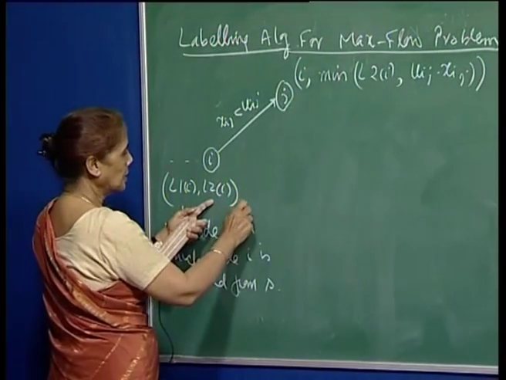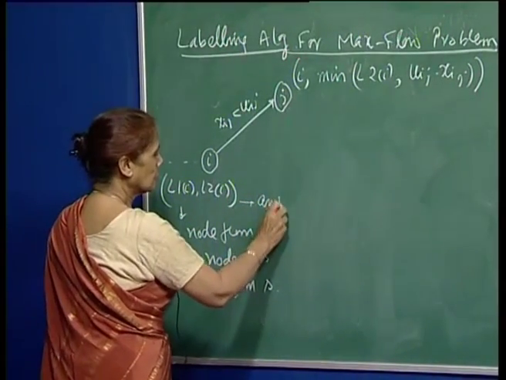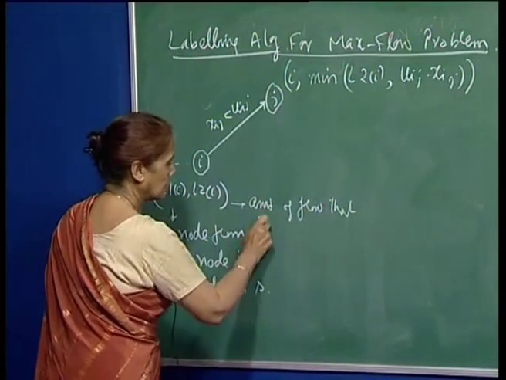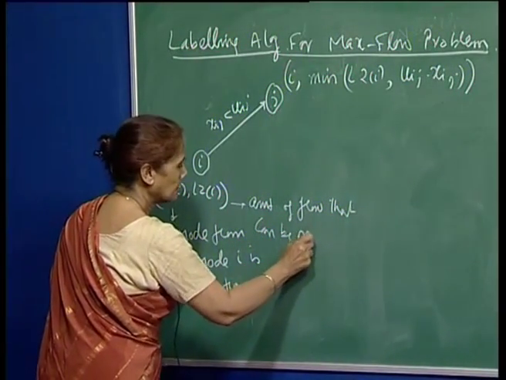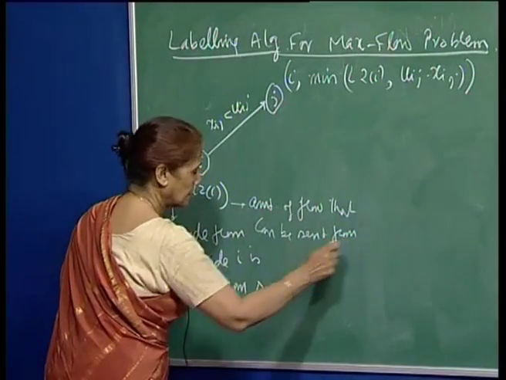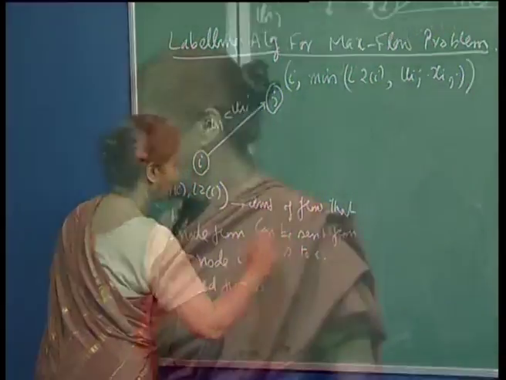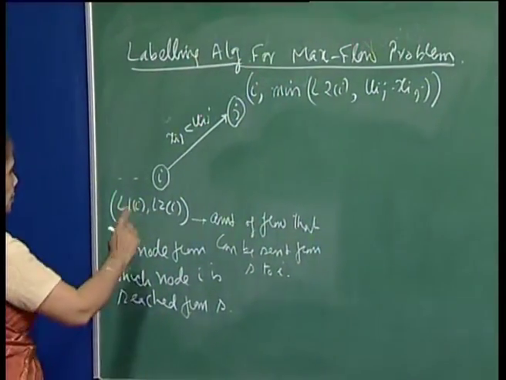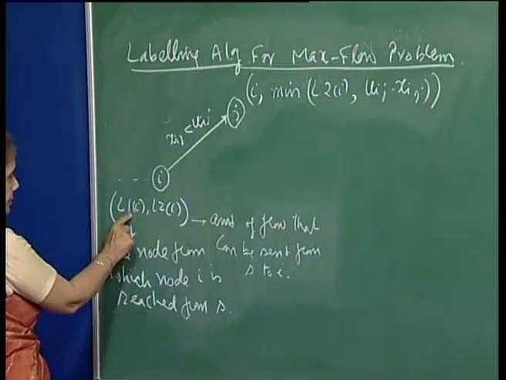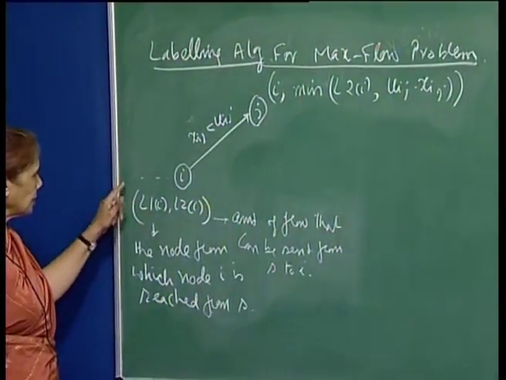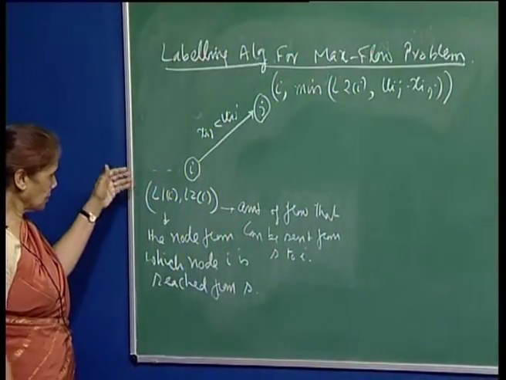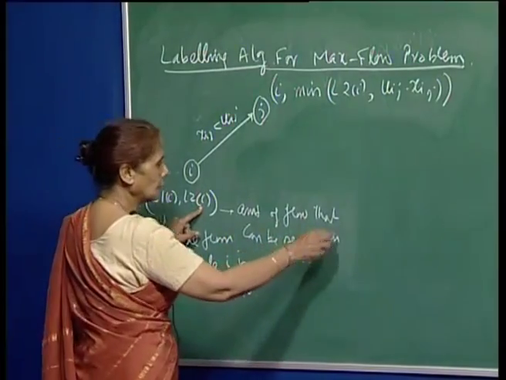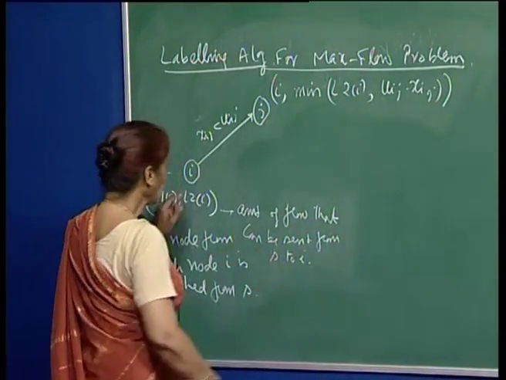L2I is the amount of flow that can be sent from S to I. So, I was telling you how to label a node from a node which has already been labeled. The first label indicates the node from which I is reachable from S, and L2I is the amount of flow that can be sent from S to I, right.